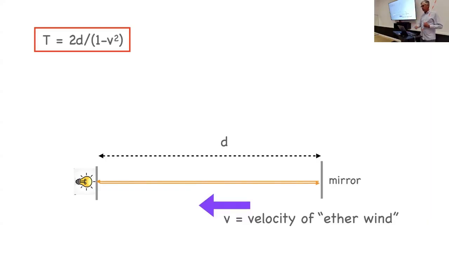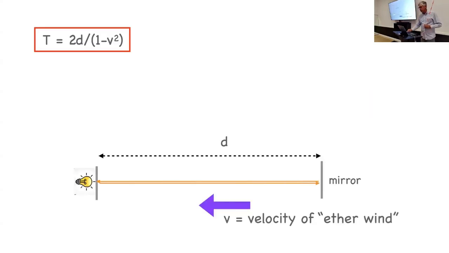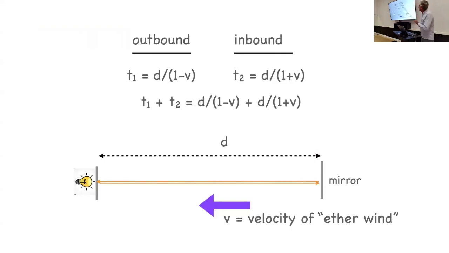Now, what about if we rotate the apparatus 90 degrees? So now the ether wind is blowing this way. Why is it v squared? Oh, well, you'd have to go back and do the algebra. But what you would do is multiply d here by this denominator, d here by this denominator.